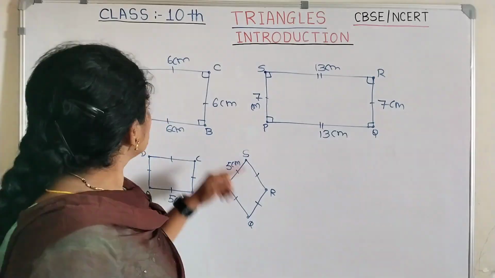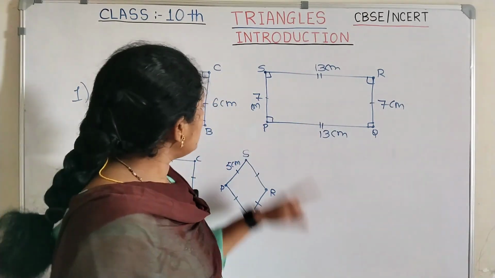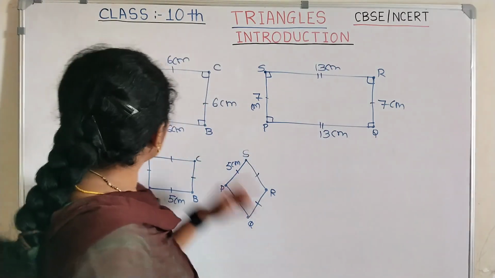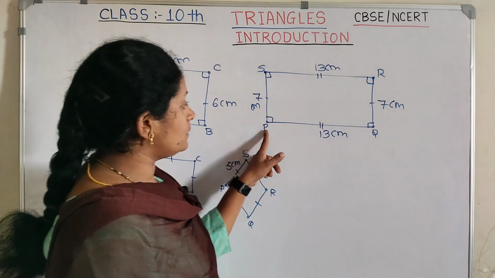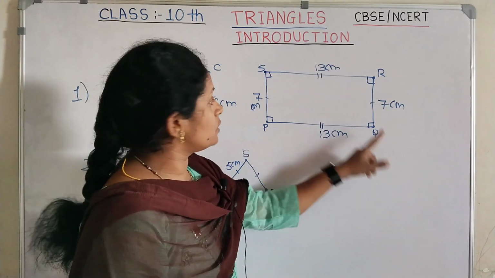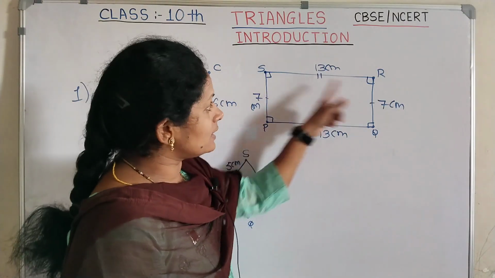If we compare the first square and the second, the rectangle, then every corresponding angle is equal. The corresponding angle of the A is angle P, both are right angles. In the same way, the corresponding angle of the B is the Q, the corresponding angle of the C is the R, and D is the S. Every angle is 90 degrees.